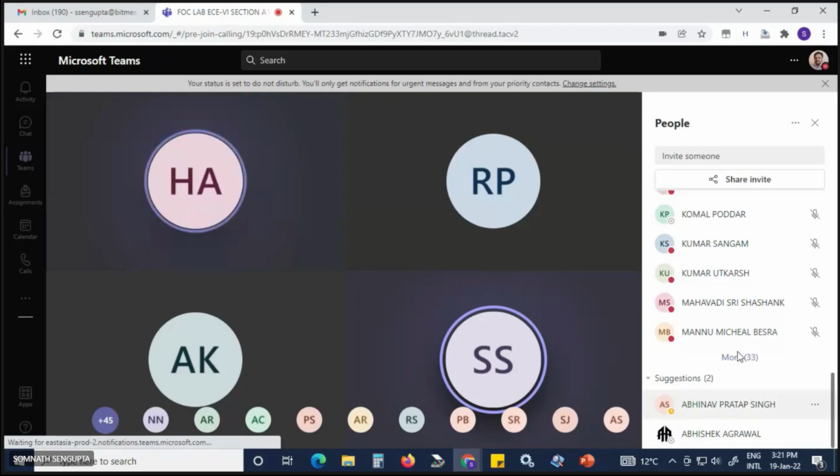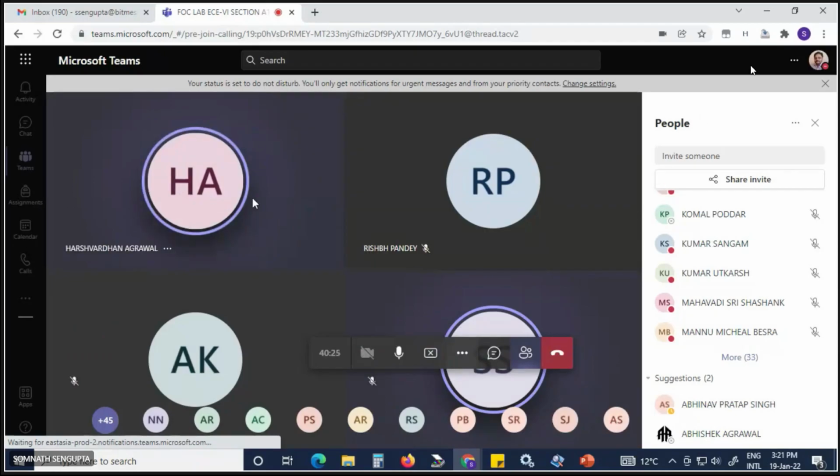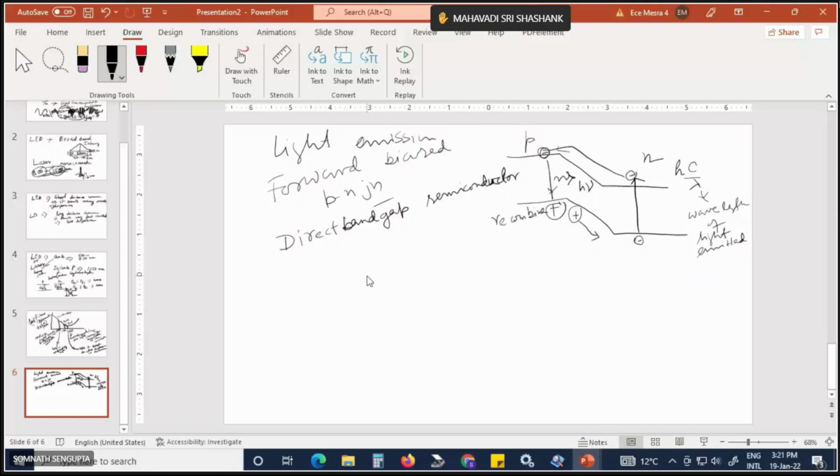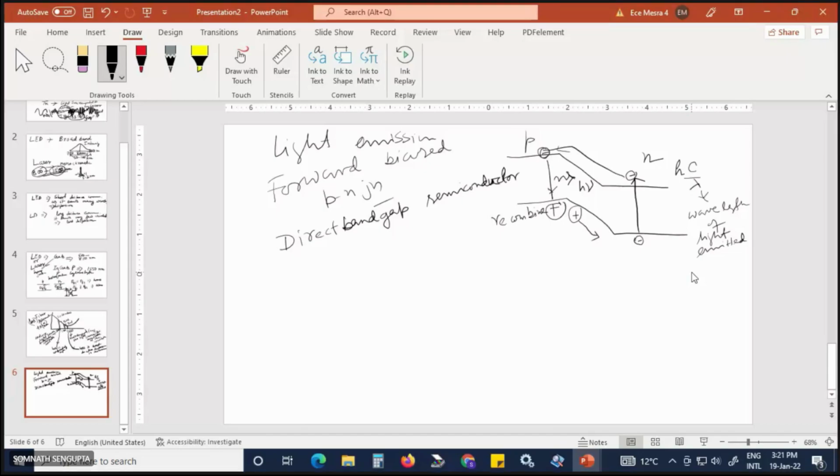Harshvardhan, you have taken? Yes, sir. Mostly direct band gap materials are a combination of two materials, like aluminum and gallium. Like gallium arsenide, aluminium gallium arsenide.